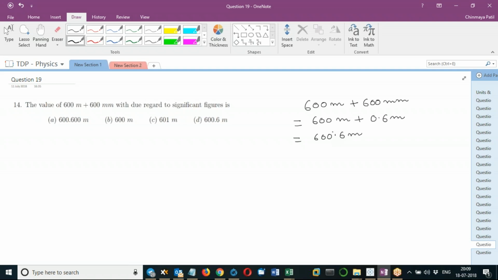Now there is a very interesting point. This value has to be rounded off such that there is no decimal point, as is the case with the given two values. The given two values are 600 meter and 600 millimeter, and in these two values there is no presence of a decimal number.